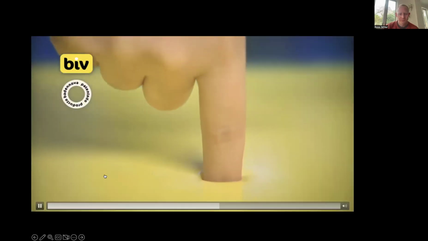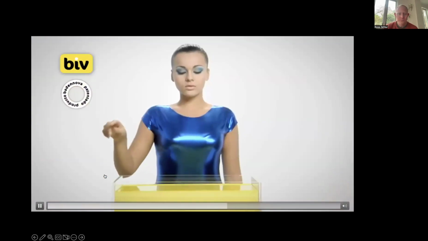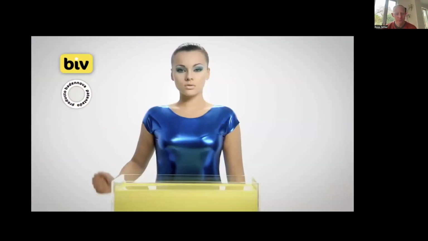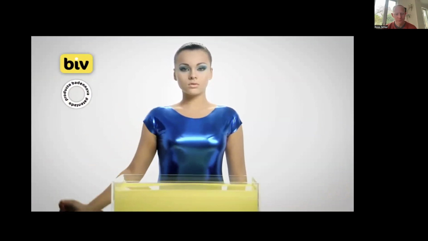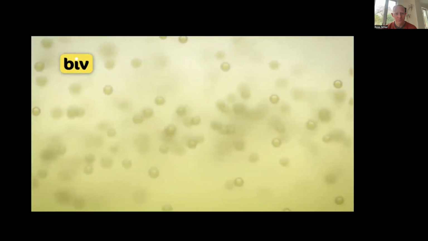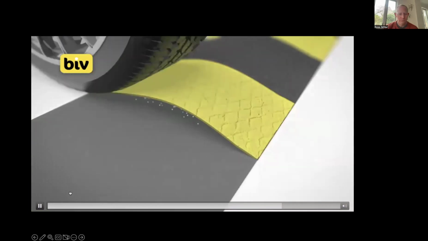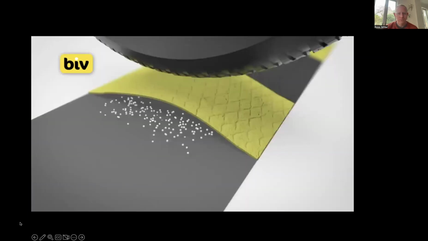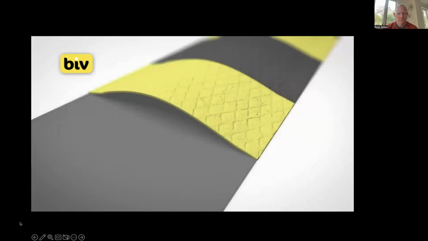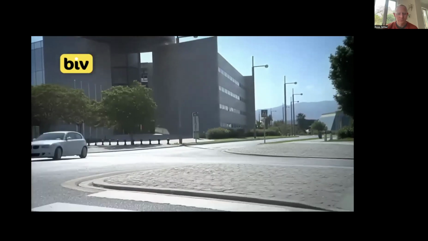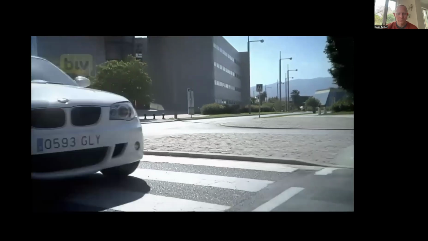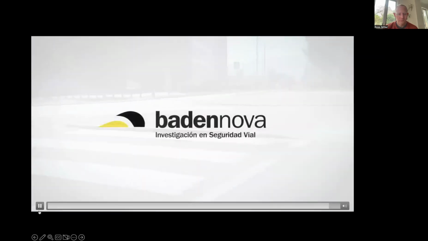It is a fluid whose solid particles line up whenever pressure is applied at high velocities. Therefore, the material allows the speed bump to change from a soft to a solid state, according to the vehicle's speed. The next generation of speed bumps, the intelligent speed bump, BIV by Badenova.